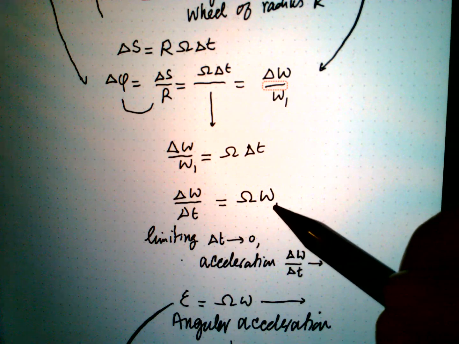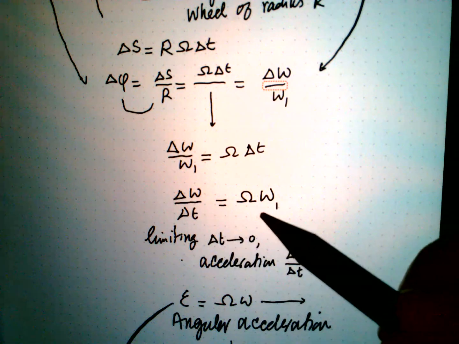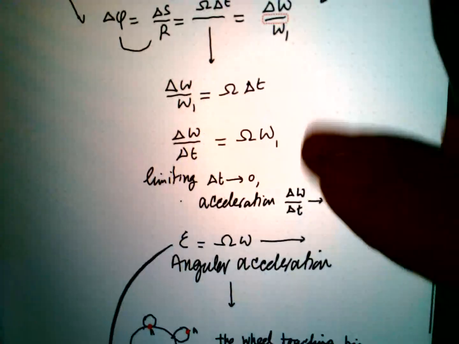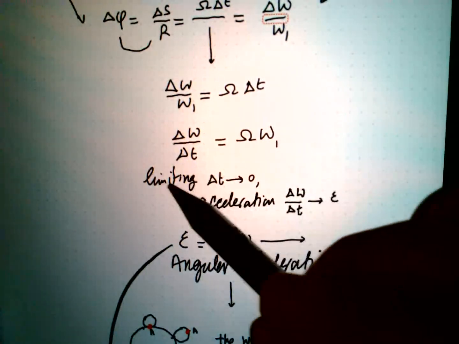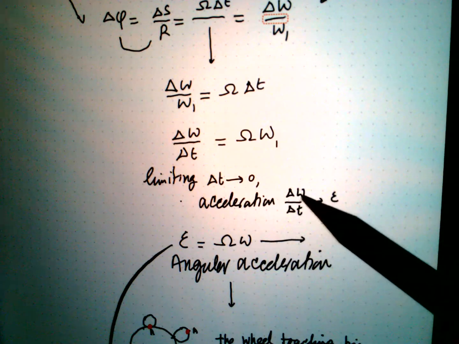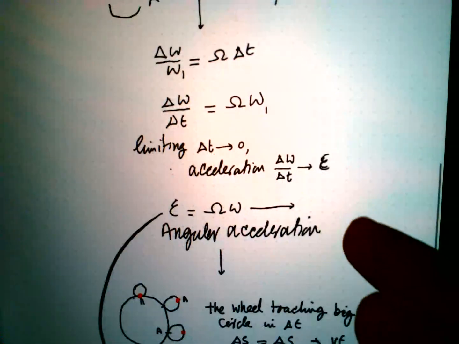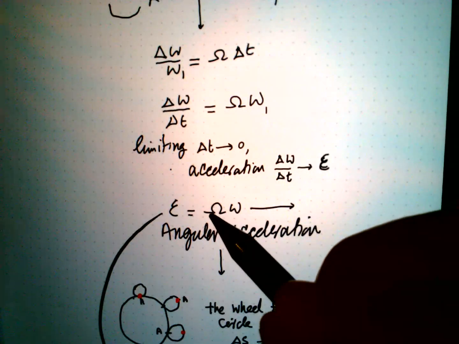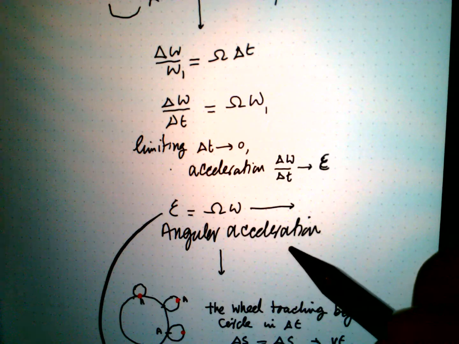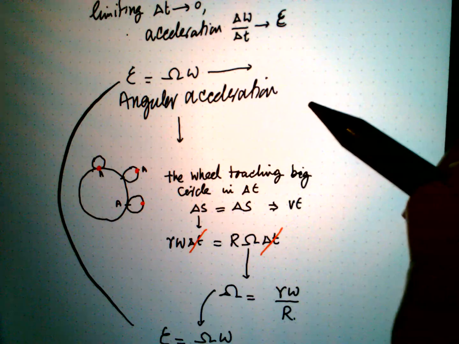This is acceleration. This is capital omega, this is small omega. Limiting delta t to 0, this acceleration is epsilon. So epsilon is equal to capital omega times small omega, which is the angular acceleration.